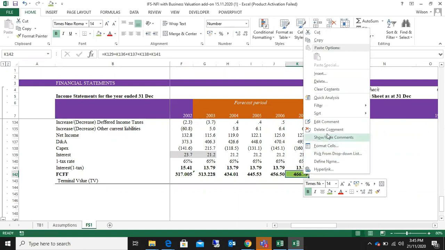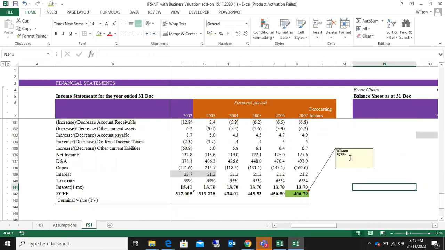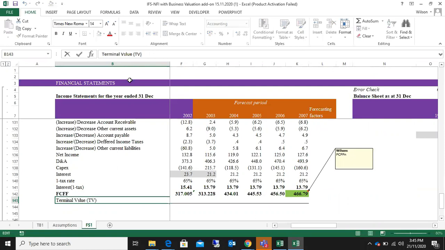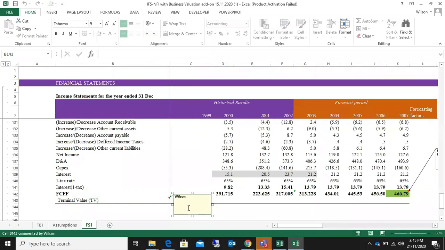I actually want to do something here, but never mind. FCFF subscript N. So the formula for the terminal value: TV equals, first open a bracket, your FCFF subscript N, times another bracket, 1 plus g, which is the growth rate, close.